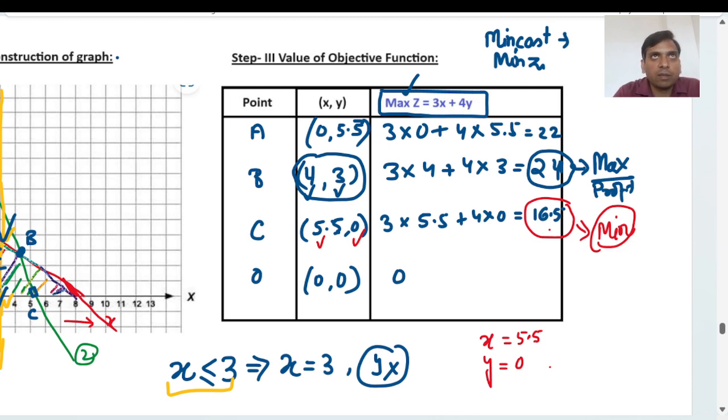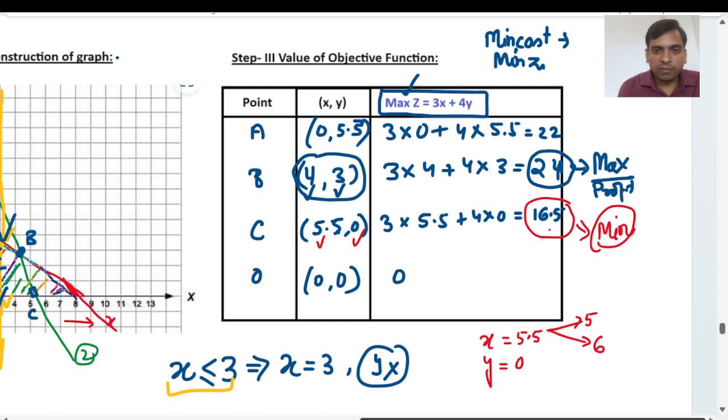If you are producing complete products, suppose you are producing transformers, you will not produce 0.5 of a transformer, right? So in that situation, how will you find your solution? We have two options: either you will use 5 or you will take 6.